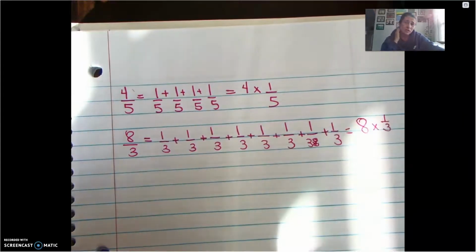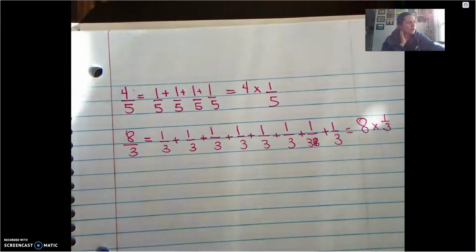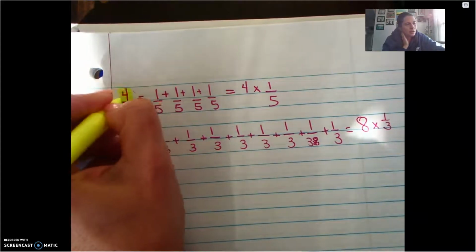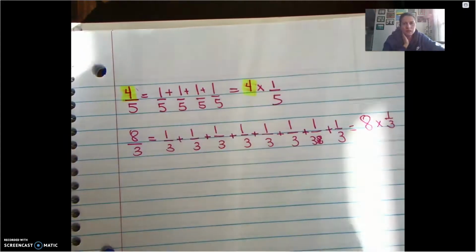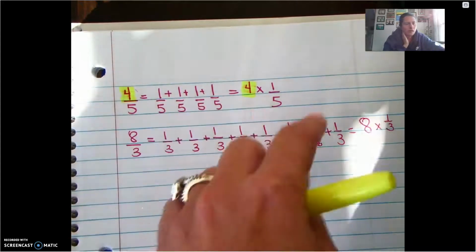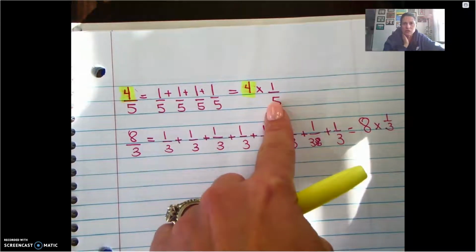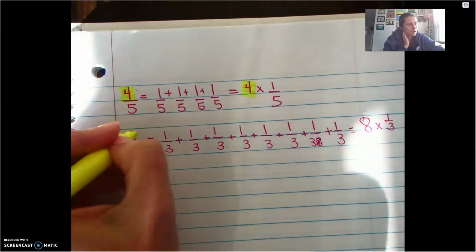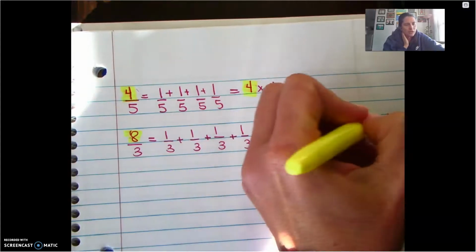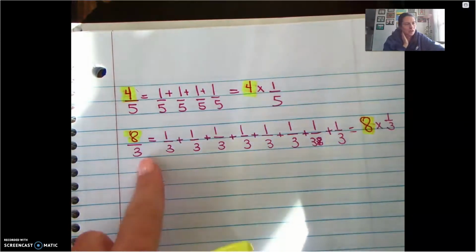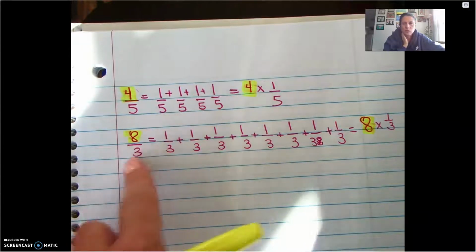Now you might start noticing something. You might say, hey, wait a second. This number matches this number, and then I just times my unit fraction, which is 1/5. This number tells me how many groups, and my unit fraction is always 1 over the denominator.